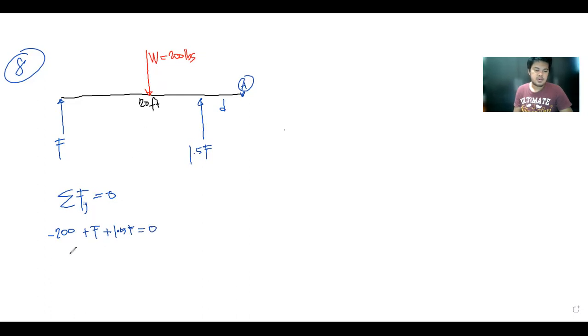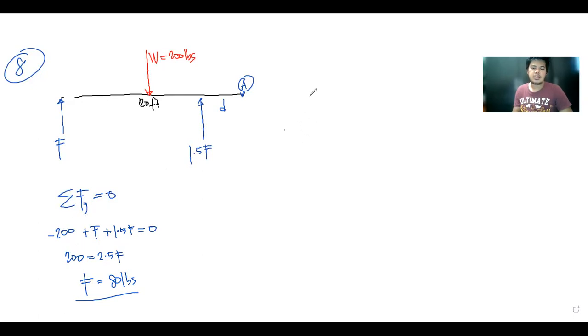So we can then say that 200 is equivalent to 2.5 F, and then we can calculate F to be 80 pounds. Remember, this is the first condition: for coplanar non-concurrent force system, the summation of the forces is equal to 0.